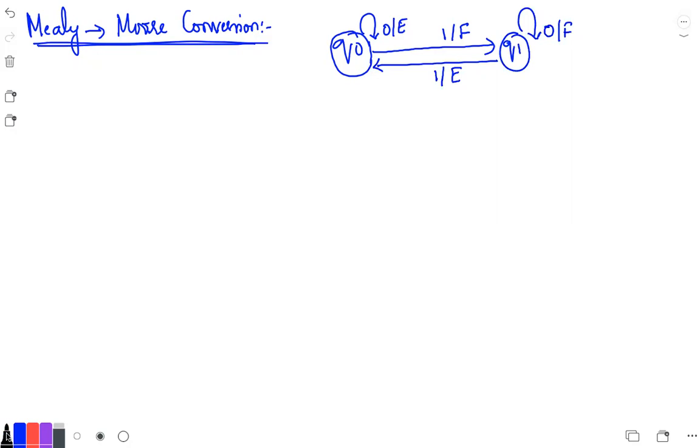So for this Mealy machine, you need to convert it to the corresponding Moore machine. The step one is common.